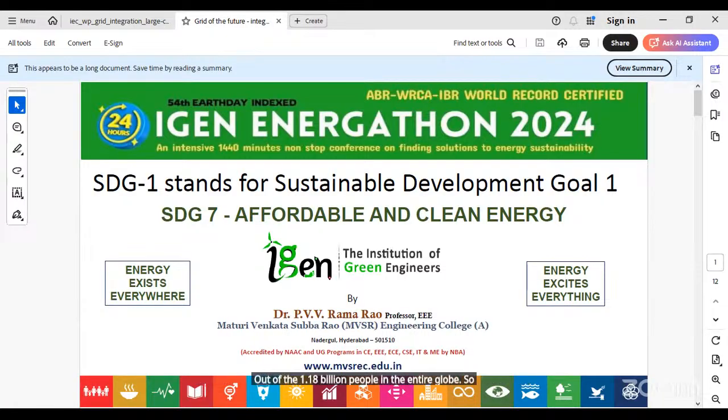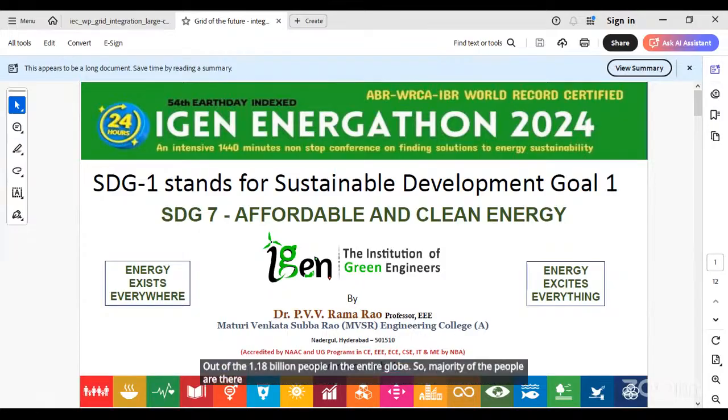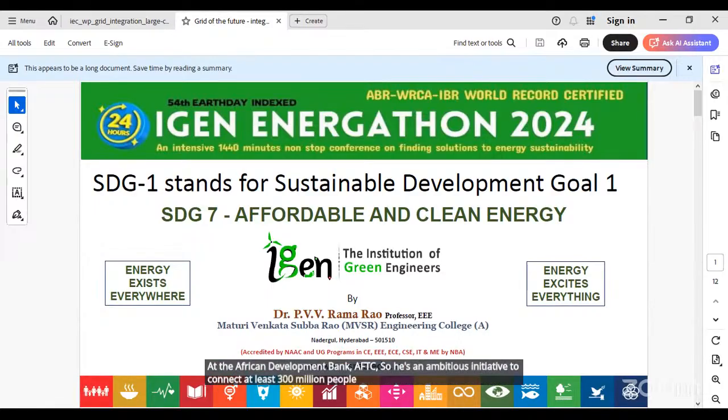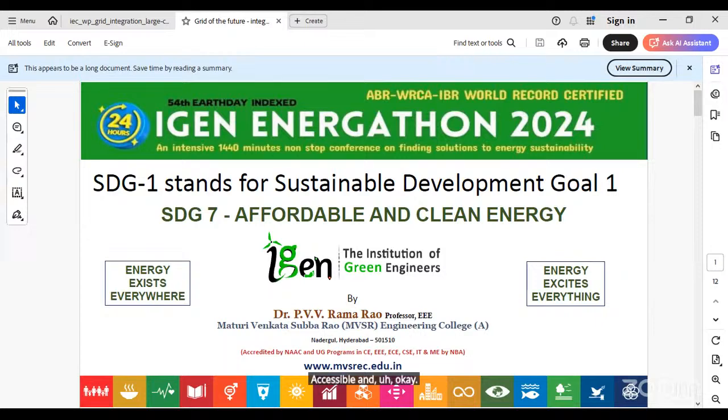So the majority of the people are in sub-Saharan Africa, and that is why Mission 300 is a great initiative led by the World Bank and the African Development Bank (AfDB). It is an ambitious initiative to connect at least 300 million people to the grid by 2030, giving affordable, accessible, and reliable, sustainable power.